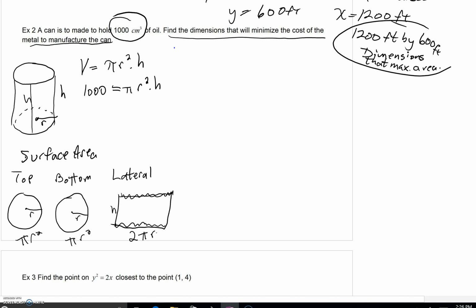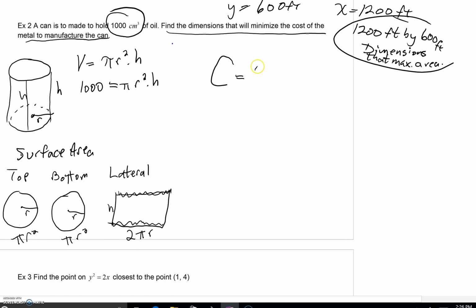Now, they're not telling us a specific cost per square centimeter. They're not saying that this is like $3 per square centimeter or 3 cents per square centimeter, whatever it might be. But regardless of how much a square centimeter of metal is going to cost to create this, at the end of the day, you've got 2 circles. That's 2 pi r squared. You also have this lateral area, 2 pi r h, base times height.